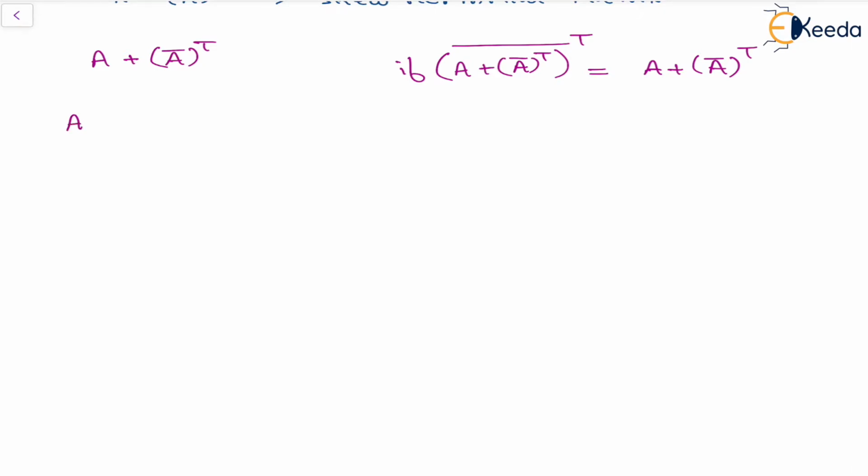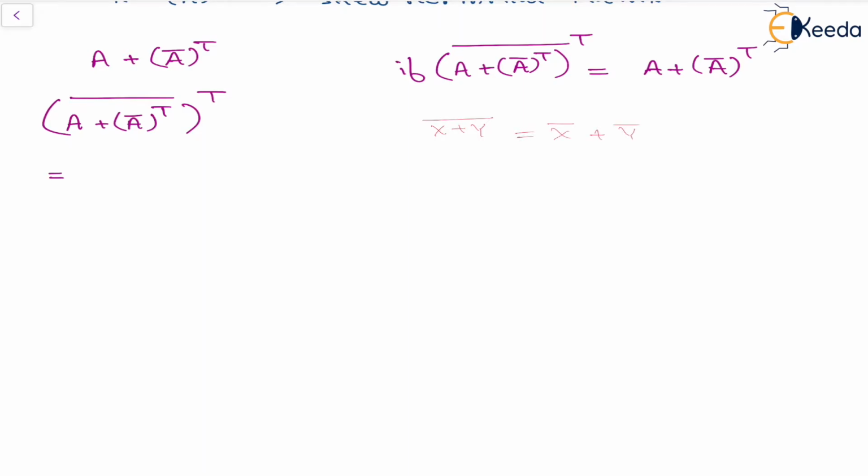We'll try to find the transpose conjugate of this result A plus A transpose conjugate. So as per the property of transpose and the property of conjugate, we can write x plus y conjugate as x conjugate plus y conjugate.